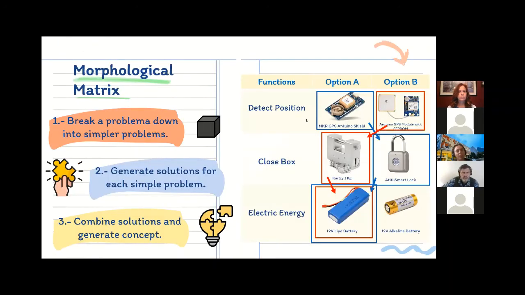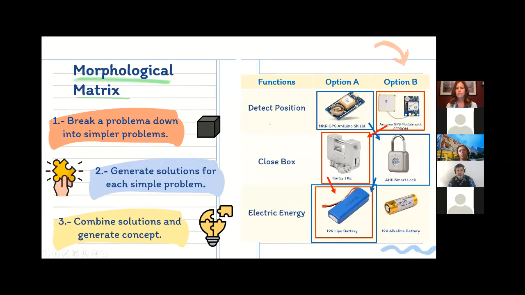So, explaining a little bit of this tool, we have that the first step is to break a problem down into simpler problems. So for this, we did our analysis of the black box tool, that it is the function diagram. And now that we have the different functions that are implemented in our whole system, the second step is to generate solutions for each simple problem.